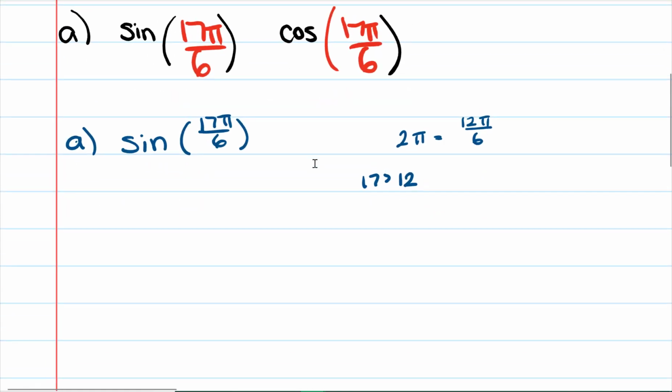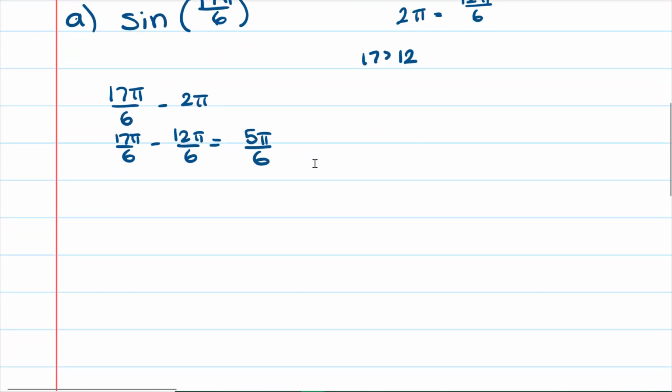Because it's larger, we subtract 2 pi. So we get 17 pi over 6 minus 12 pi over 6, which is going to be 5 pi over 6. Well, I know that 5 pi over 6 is on my unit circle. So sine of 17 pi over 6 is equal to sine of 5 pi over 6.